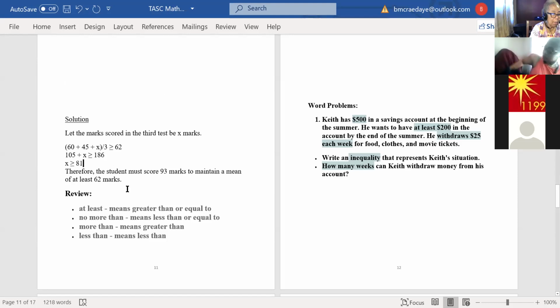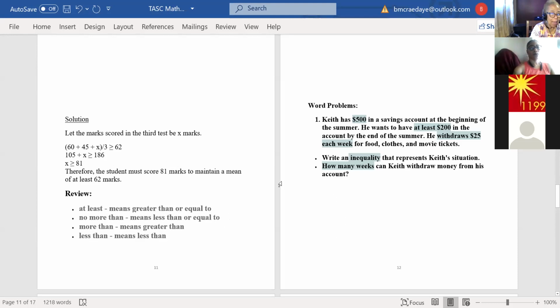Just reviewing that, at least means this will be 81, not 93. At least means greater than or equal. No more than means less than or equal. And of course, more than means greater than, less than means less than.